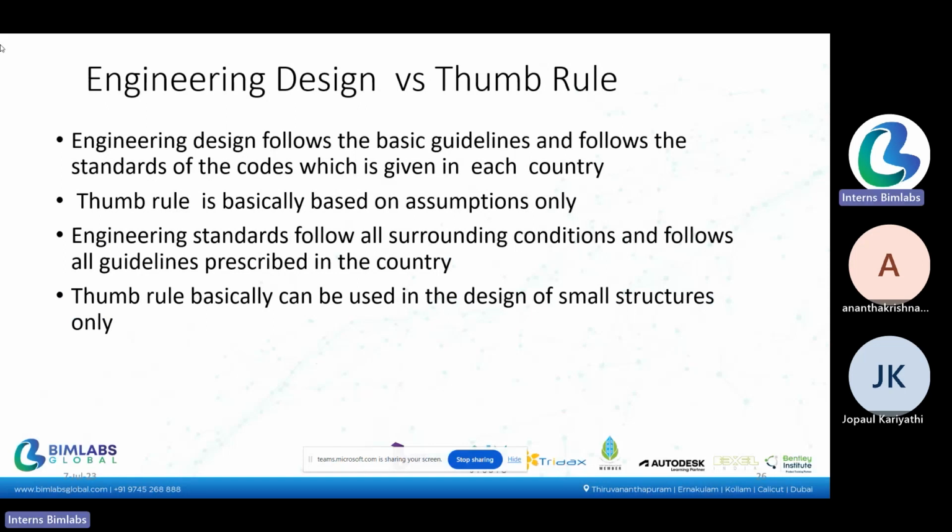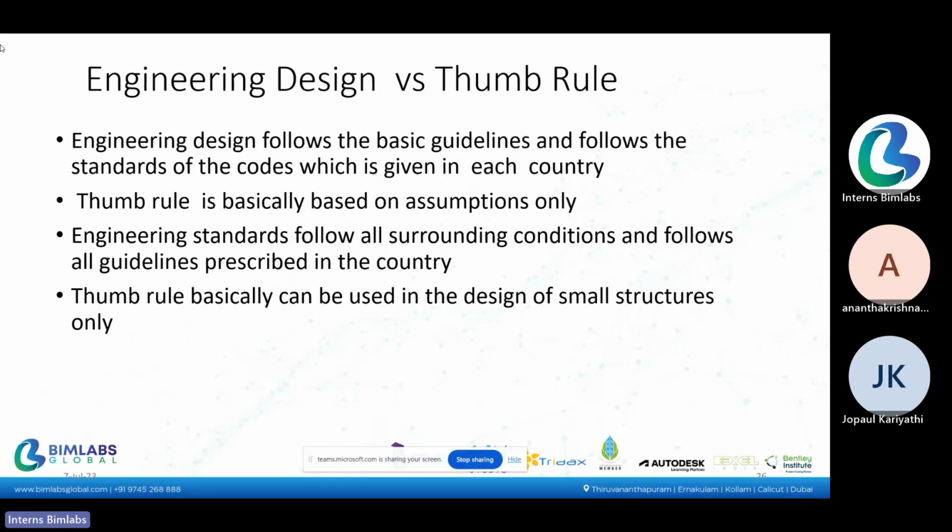But with a thumb rule, they can create only small structures, and we cannot be 100% sure that these structures will last as per our engineering standard. If we are building a construction as per our engineering principle, we consider that our structure will last for 100 years.